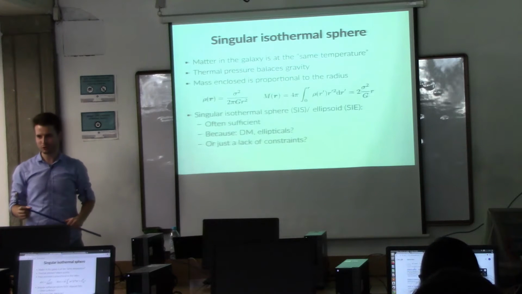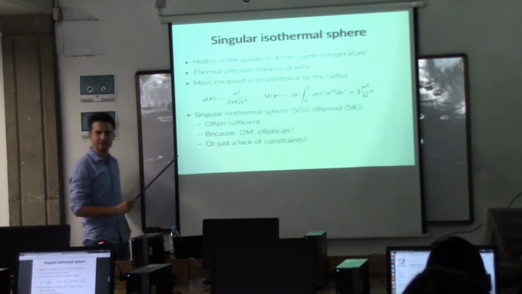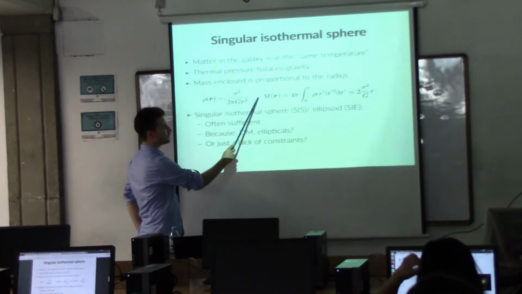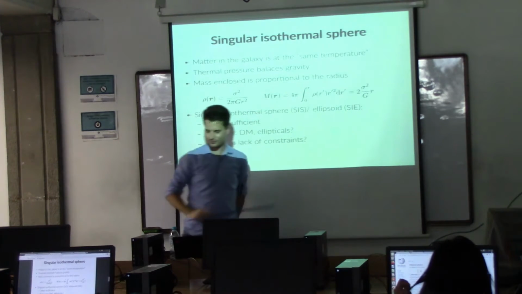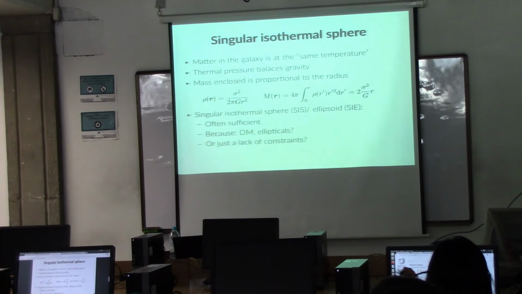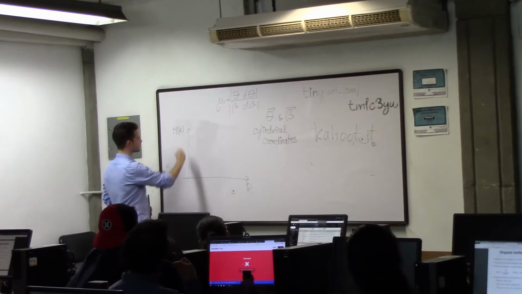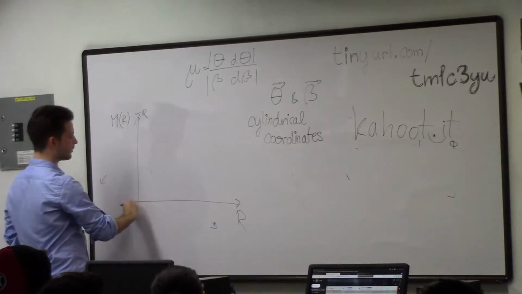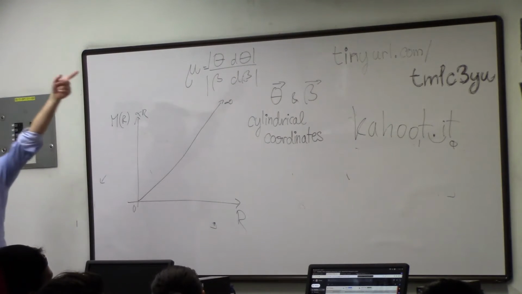There is a major shortcoming of this model that we often need to ignore. When you look at the mass of the galaxy, it's proportional to the radius, and you might see where the problem is going to come from. Here is the mass within a given radius, which is proportional to the radius. It goes like this to infinity, as you put the radius to infinity.